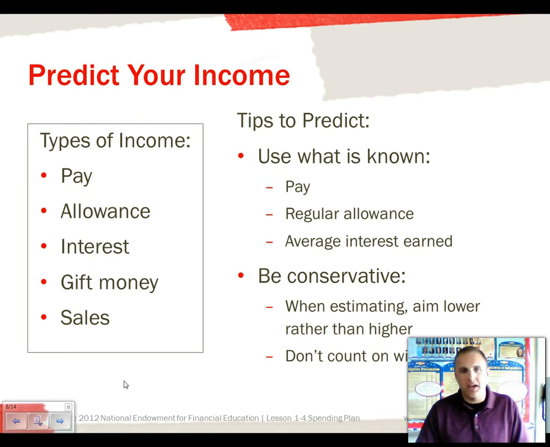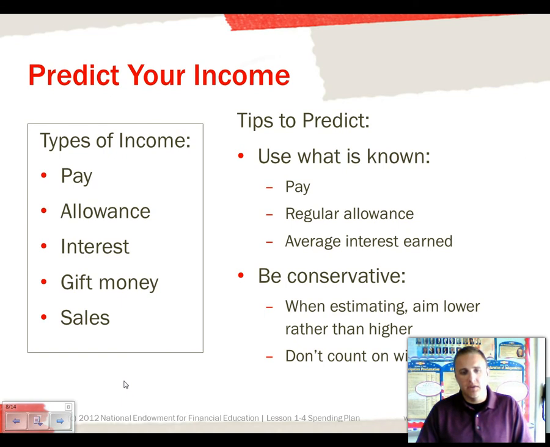There's not too many jobs out there that are paid via trade items or bartered items. We also need to understand that we may have a job or we may be given a regular allowance, and that may be our only income. So understanding what type of money we're bringing in and where that money is coming from is key.